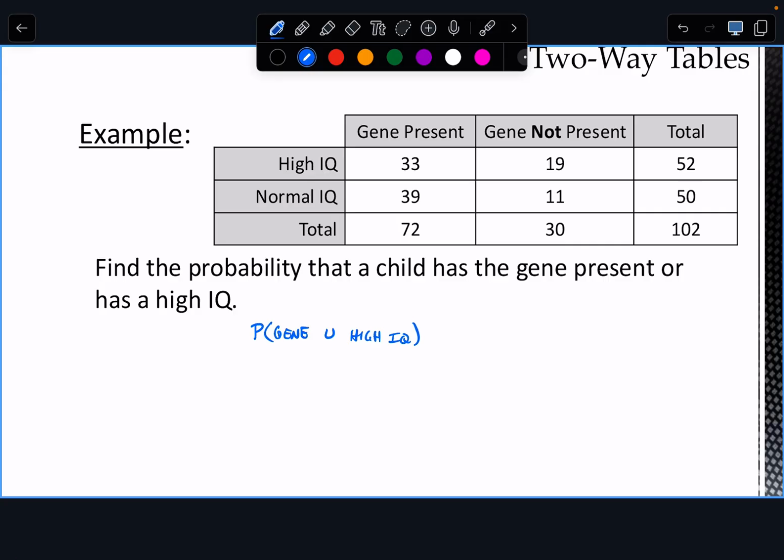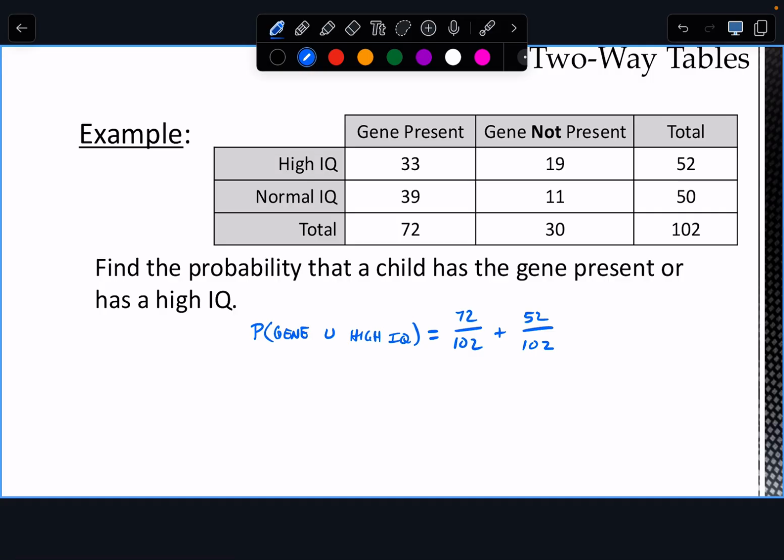If I select a single child at random from this group, what is the probability they have either the gene or the high IQ? So we said when we attack this problem, we start with the individual probabilities. We already calculated these: the probability that they have the gene was 72 out of 102, plus the probability that they had a high IQ was 52 out of 102.